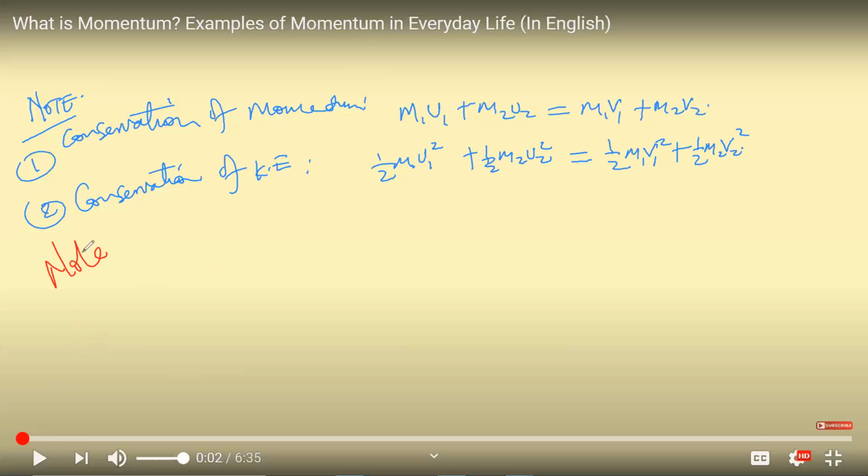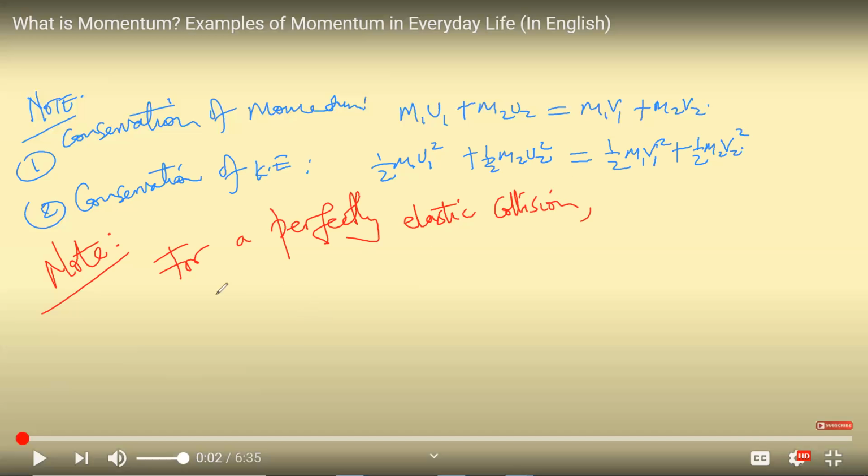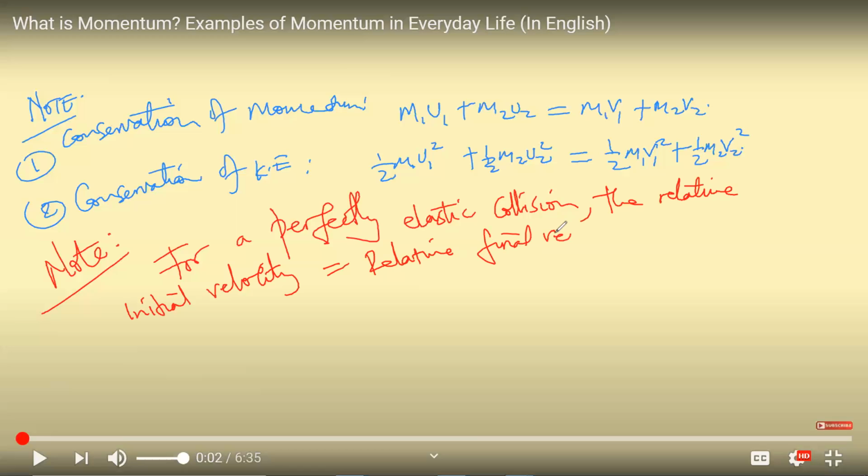Note, you can also write it down that for a perfectly elastic collision, the relative initial velocity is equal to the relative final velocity.